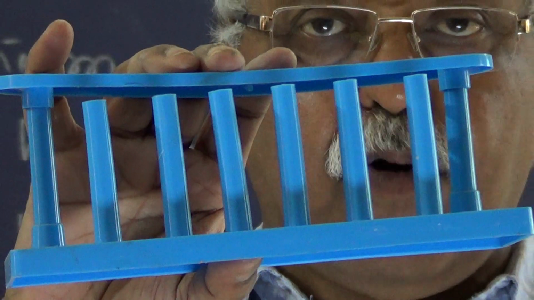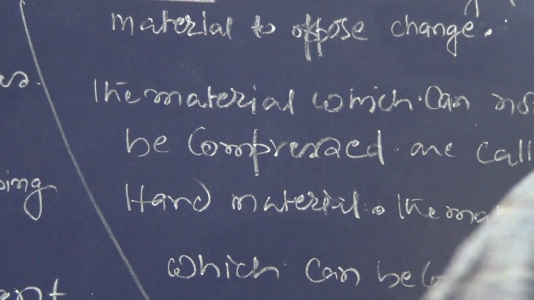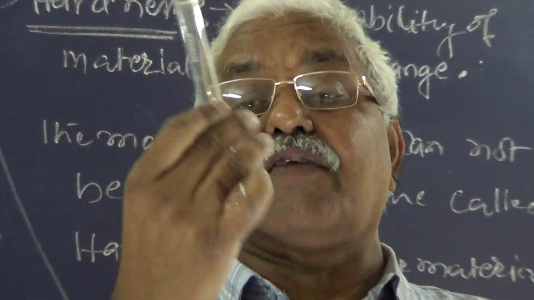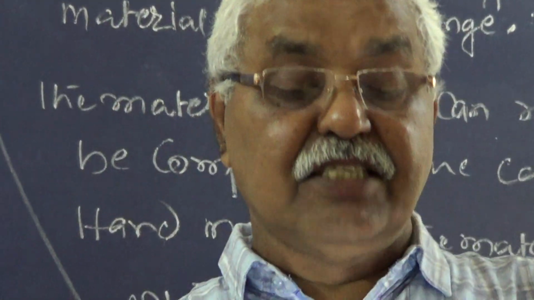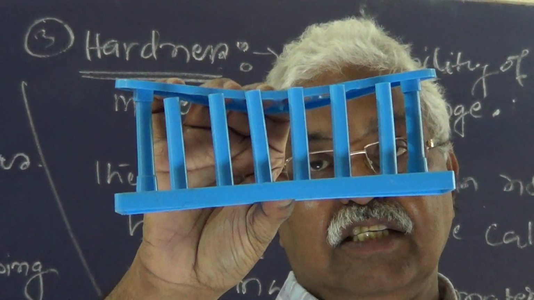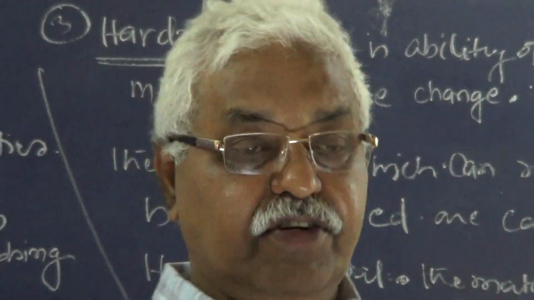What is hardness? Ability of a material to oppose the change. So it is opposing the change. Therefore, it is hard. But this material is soft. It does not oppose a change. It is less opposing the change. Therefore, it is considered soft.